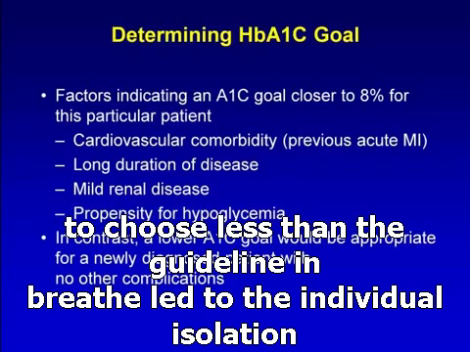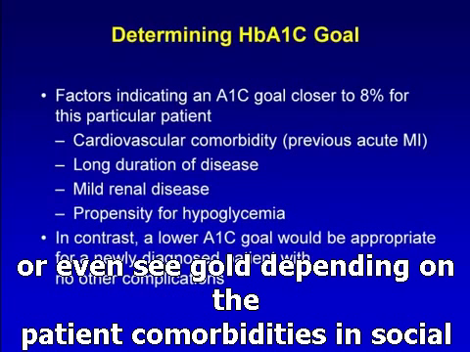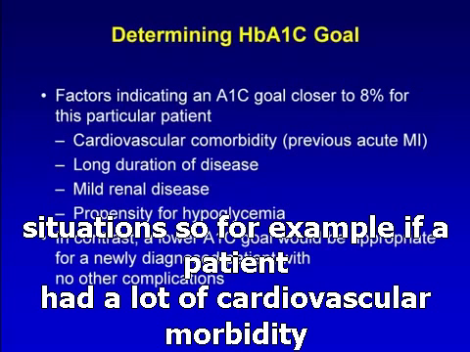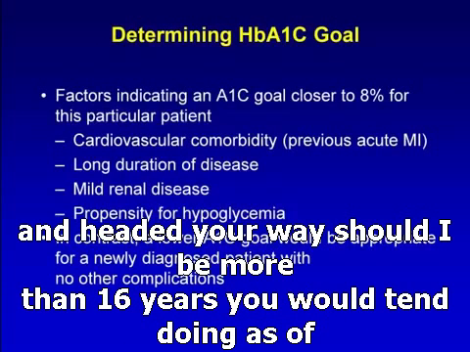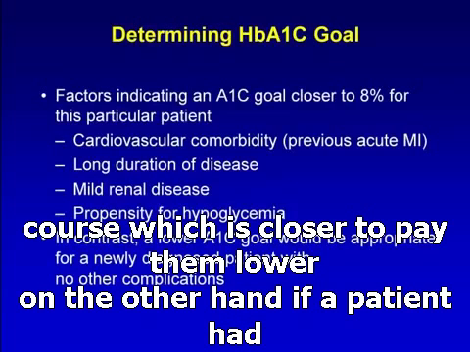The guidelines, in brief, related to the individualization of A1C goals depending on the patient's comorbidities and social situation. So, for example, if a patient had a lot of cardiovascular morbidity, had a propensity to hypoglycemia, and had a duration of diabetes more than 15 years, you would tend to have a goal which is closer to 8 than lower.